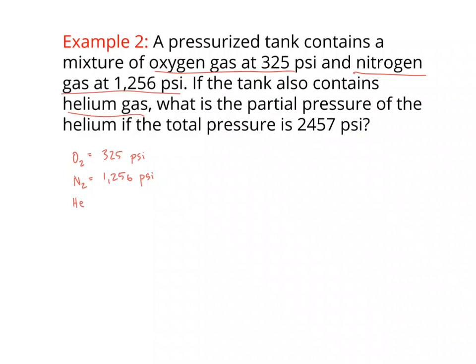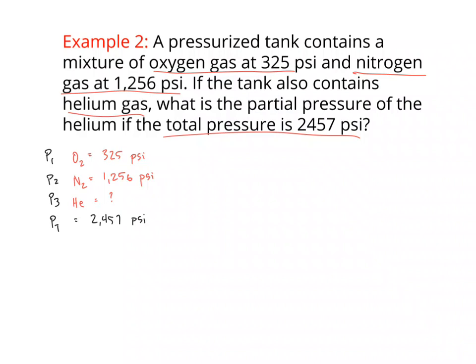So it doesn't tell me the pressure of helium. That's what I want to find. It says the total pressure is 2,457. So we'll call this P1, we'll call this P2, call that P3, which is unknown, and then it gives me my total pressure PT of 2,457 psi.